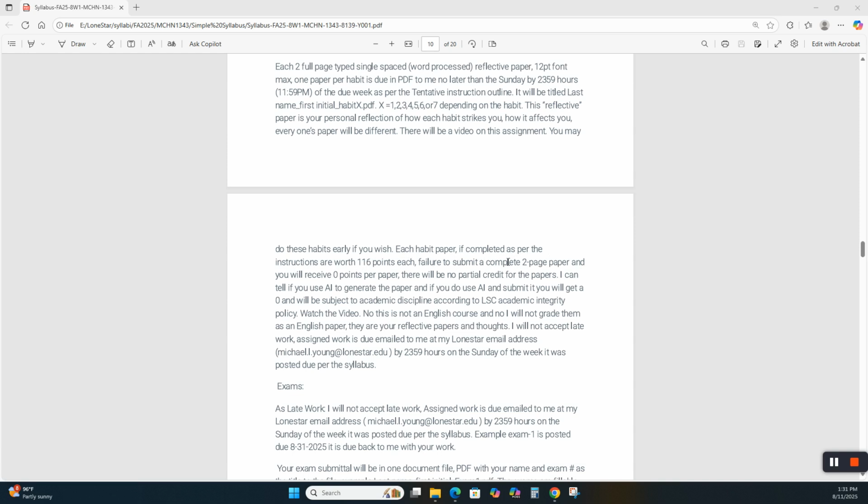Failure to submit a complete 2-page paper and you will receive 0 points. There will be no partial credit for the papers. I can tell if you use AI to generate the paper, and if you do use AI and submit it, you will get a 0 and be subject to academic discipline according to Lone Star College's academic integrity policy.